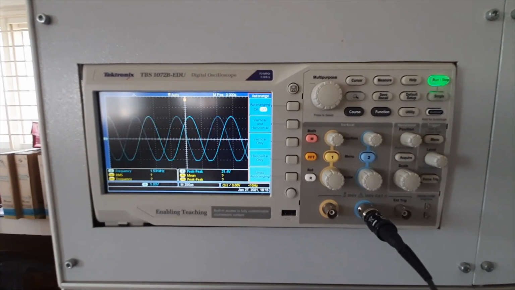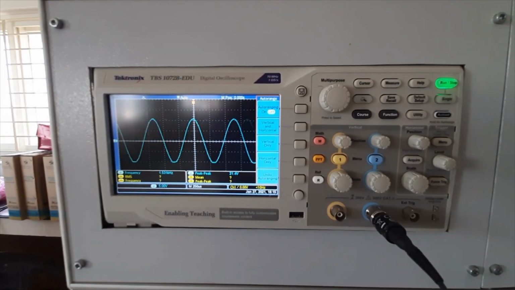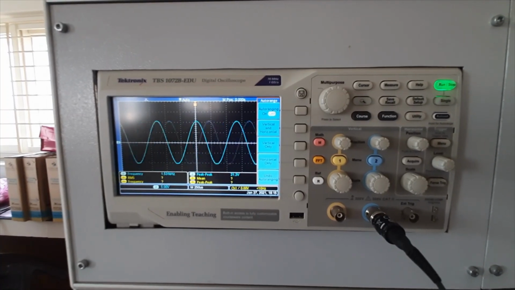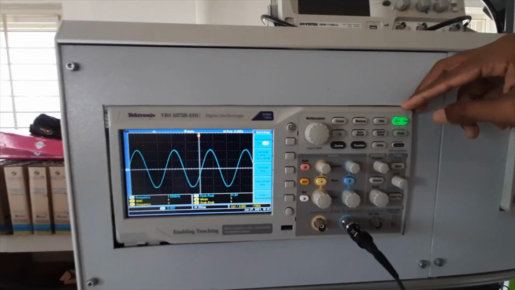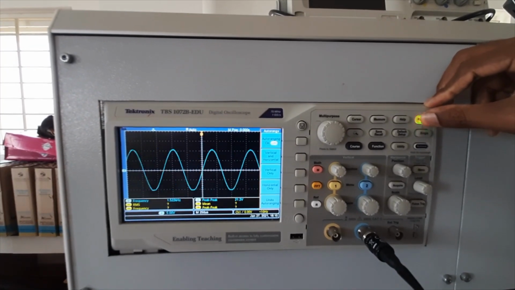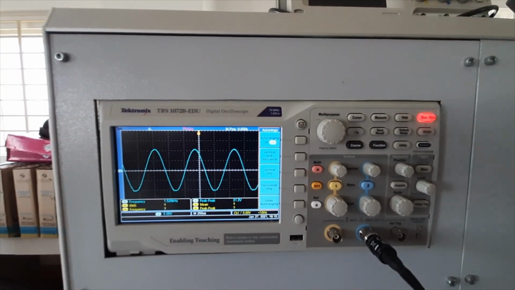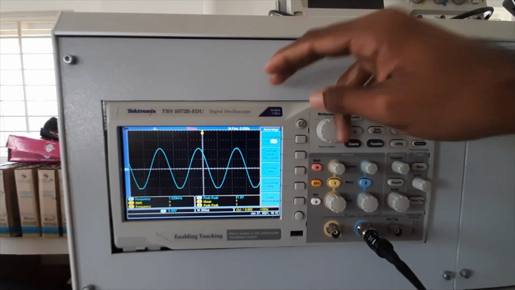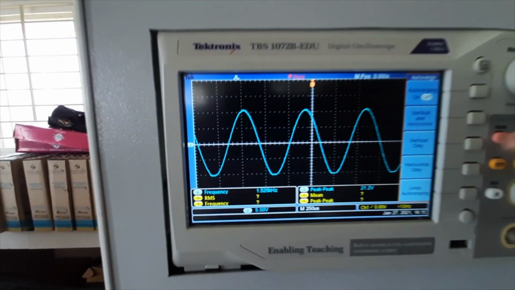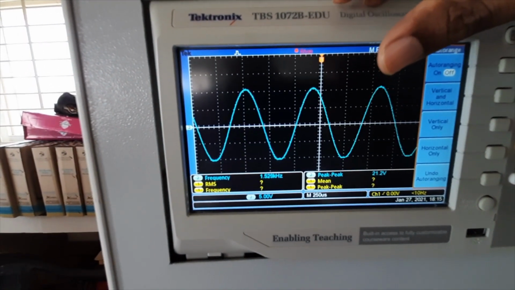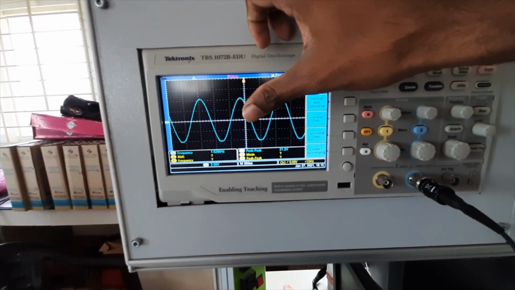Now this Wien bridge oscillator is generating a sinusoidal waveform perfectly. You can click on this run stop button, then you can clearly observe that sinusoidal waveform, and here you need to observe the frequency. How much is it? 1.53 kilohertz. So the generated frequency is 1.53 kilohertz.